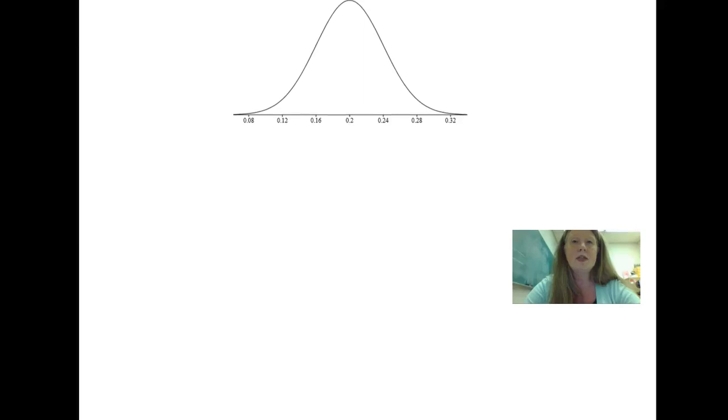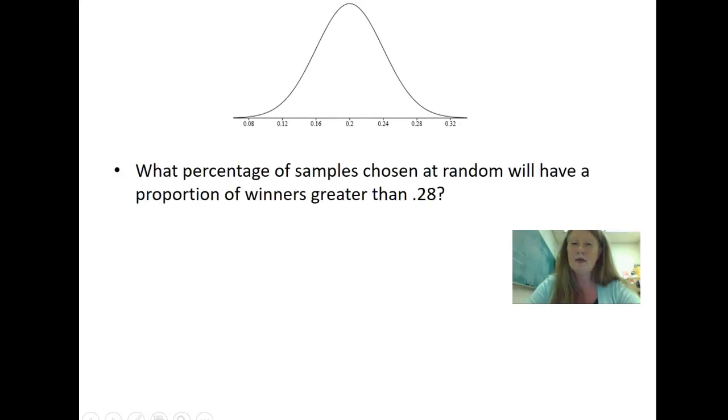So what kinds of questions might you see? What percentage of samples chosen at random will have a proportion of winners greater than 0.28? So here's where drawing the distribution can help you a lot, because hopefully you're noticing you go out 2 standard deviations above the mean.